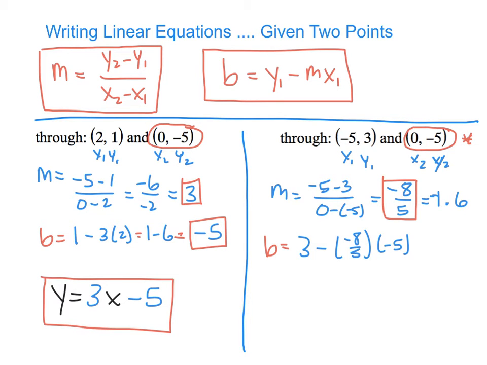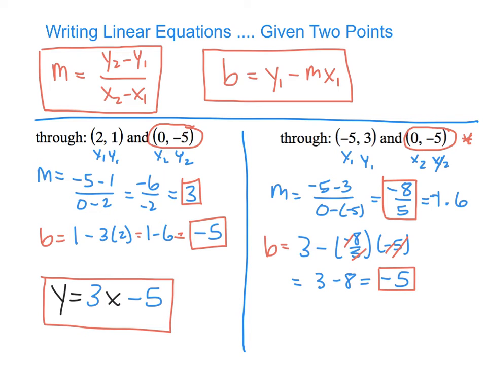Now we're not going to panic here because we know when we multiply a fraction where the denominator is multiplied by that same whole number, these cross out. We also know that a negative times a negative is a positive. So this turns out to be 3 minus 8. And I think you'll agree that 3 minus 8 is in fact negative 5, which is what we thought it would be. So that's good news that it worked out to be exactly what it was supposed to be. But just keep in mind you may have to go through that calculation.